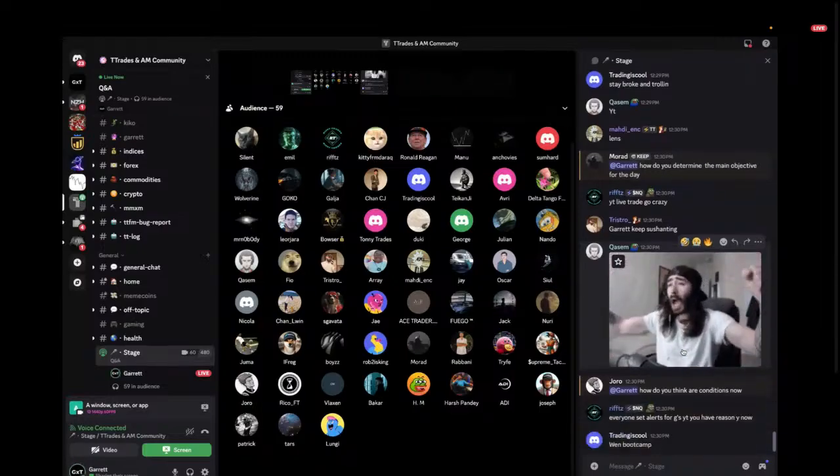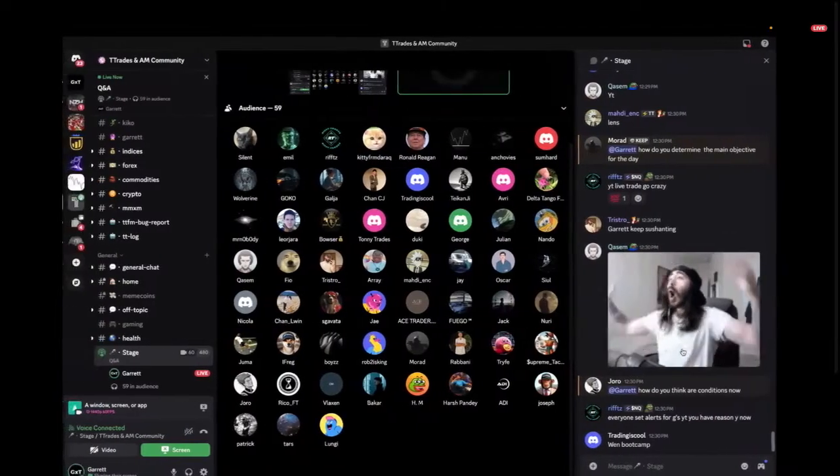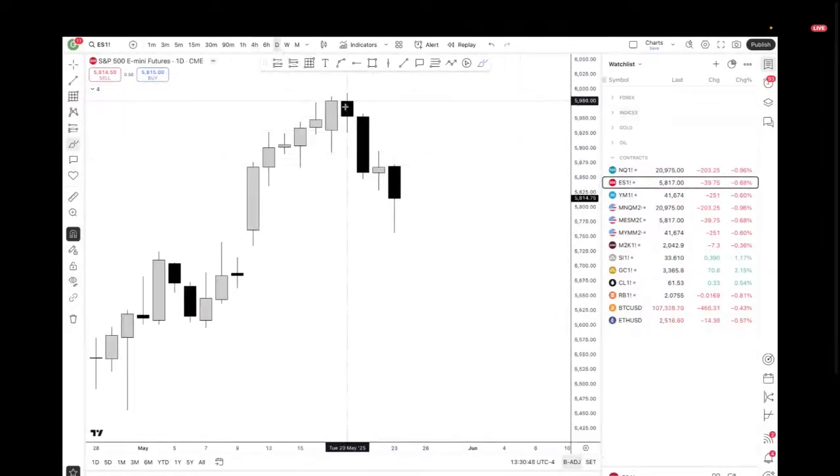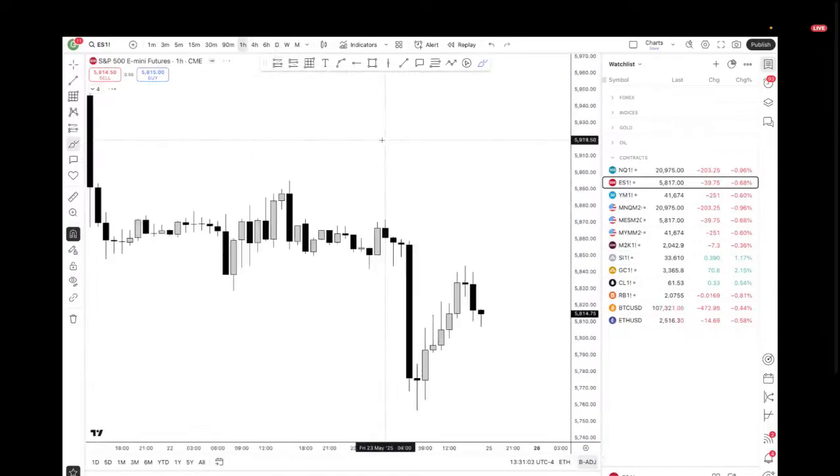How do you think the conditions are now? I'm not gonna say they're easy for sure. They're not easy, but I don't know. If you look at the high time frame, it's definitely pretty ugly. But a lot of people are thriving, like scalpers, where they just need a small range. I'm not a scalper, but I don't explain my trading style. It's intraday basically.